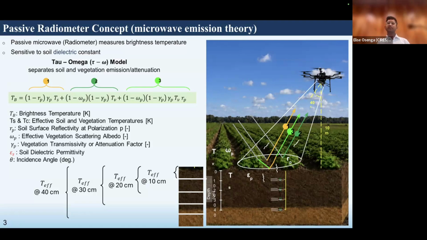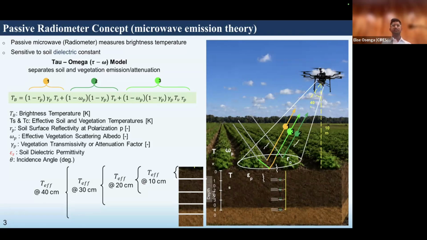To validate this, we have installed Acclima sensors at several depths: 10, 20, 30, 40 centimeters. Actually, I have also installed one at 5 centimeter, but I haven't shown it in the schematic diagram.